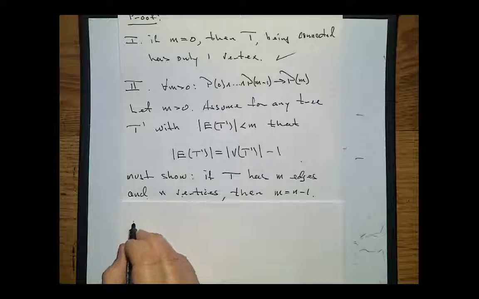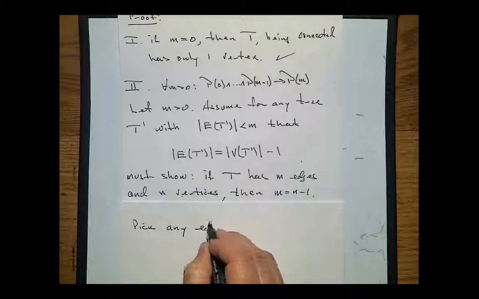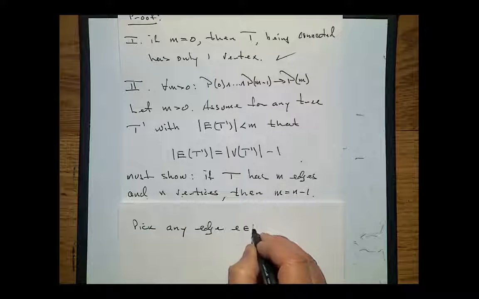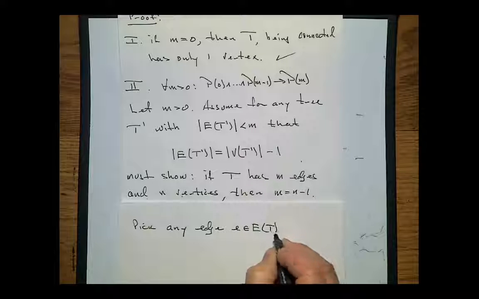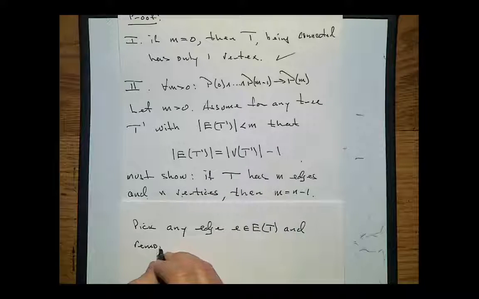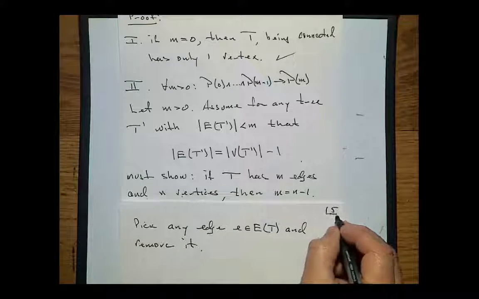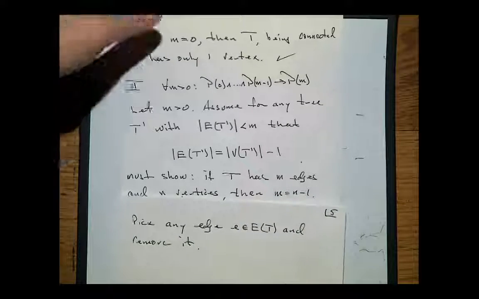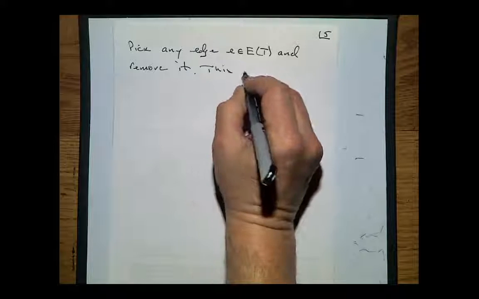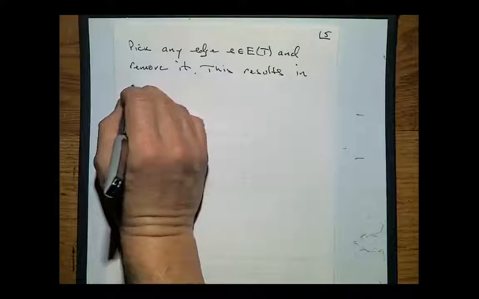Pick any edge E in the edge set of T and remove it. This results in two subtrees.